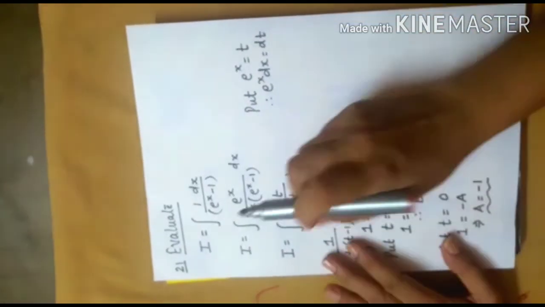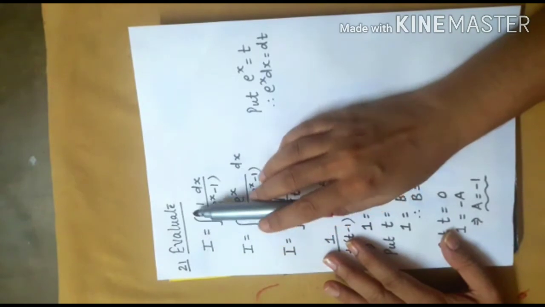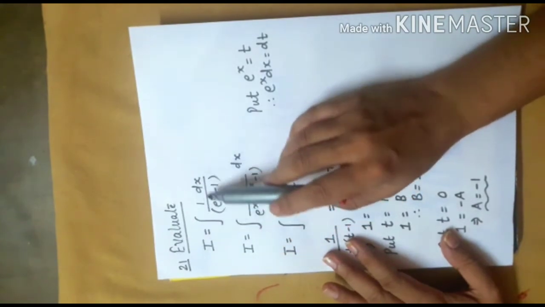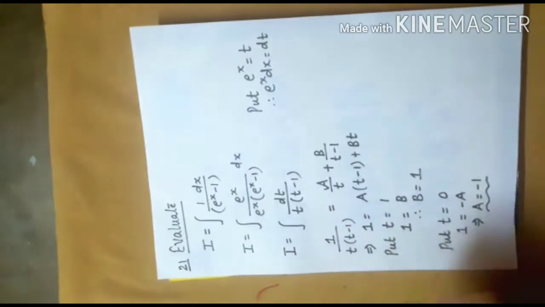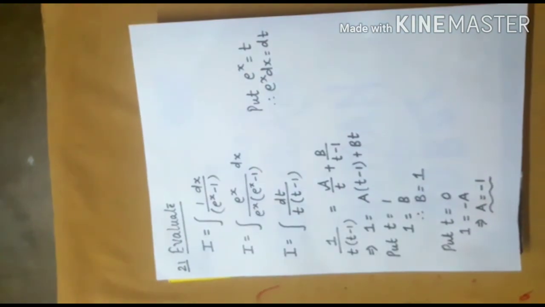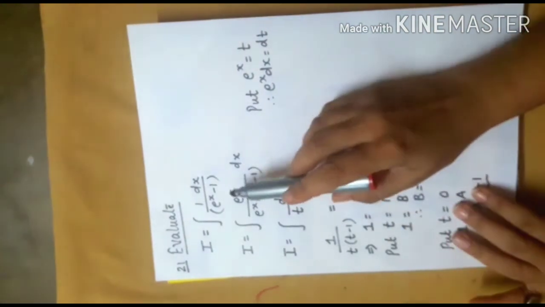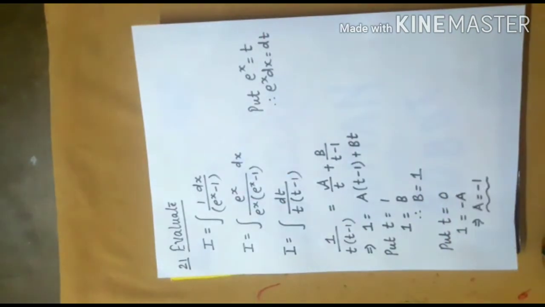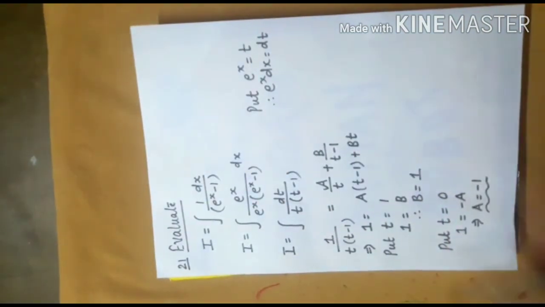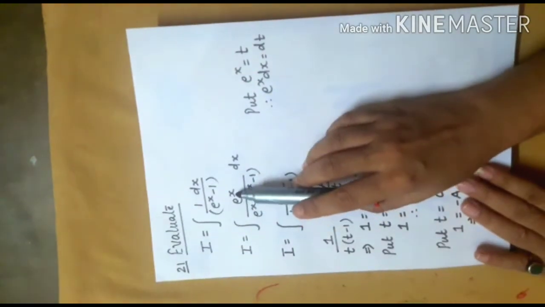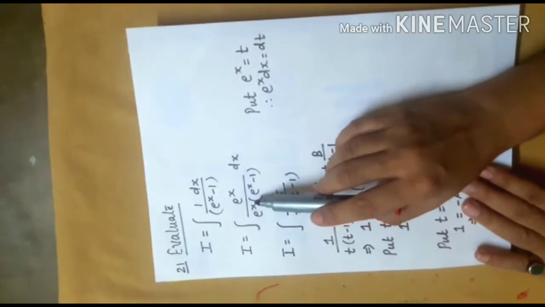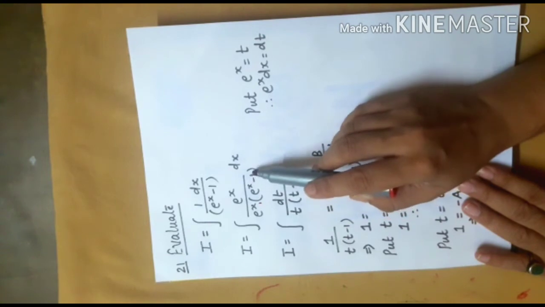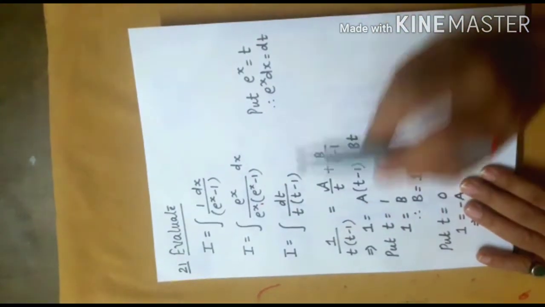Next question is, evaluate I equals integral 1 dx over e to the power x minus 1. What I'll do? I'll multiply numerator and denominator with e to the power x. So I'll get e to the power x over e to the power x into e to the power x minus 1 dx.